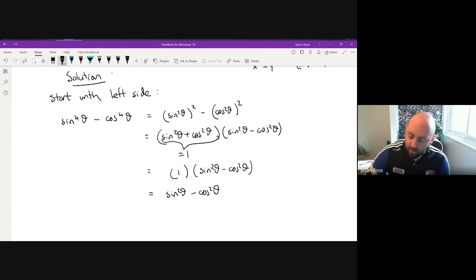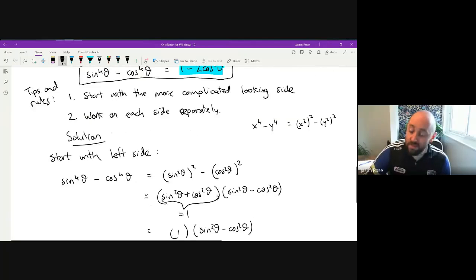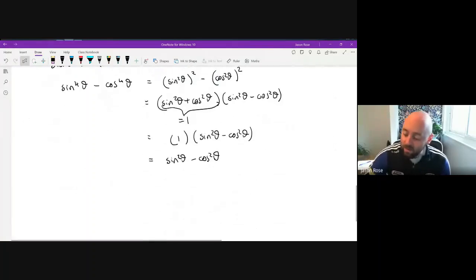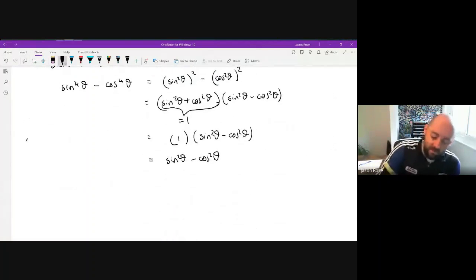But what I would prefer for this question is to only have cosine as my function. I don't want sine in there. Now, luckily, there is a trig identity: sine squared theta plus cosine squared theta equals 1. I can get rid of sine squared, because I can say that sine squared theta is 1 minus cosine squared theta.